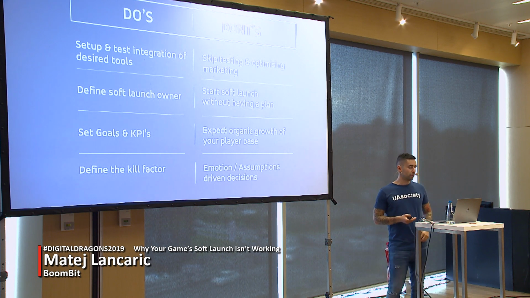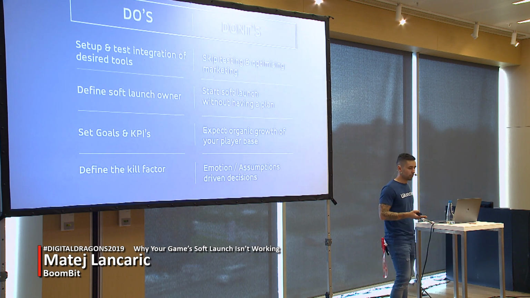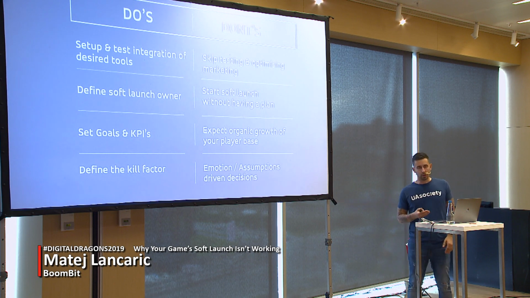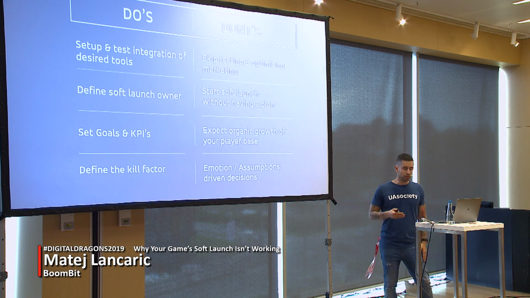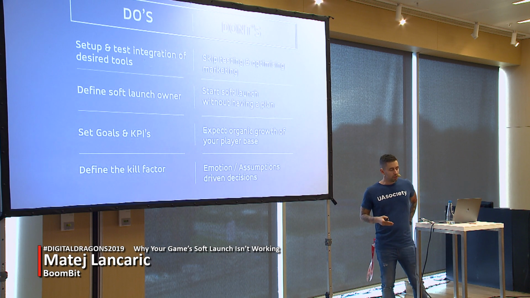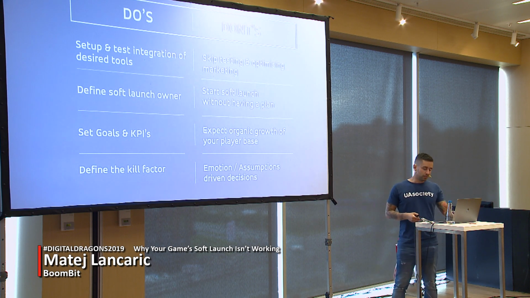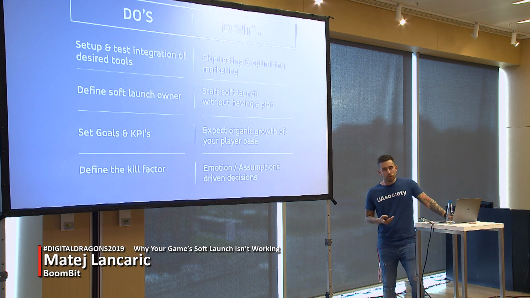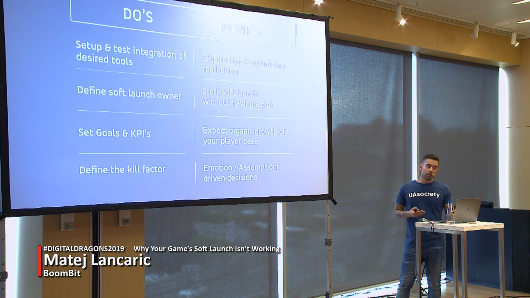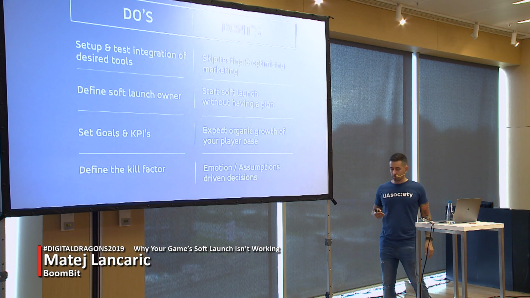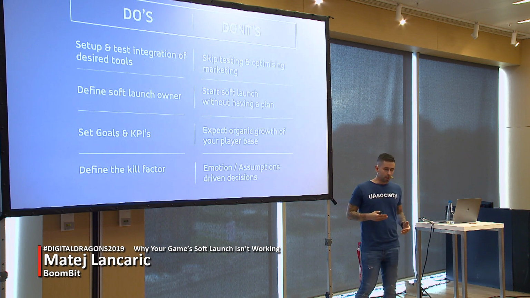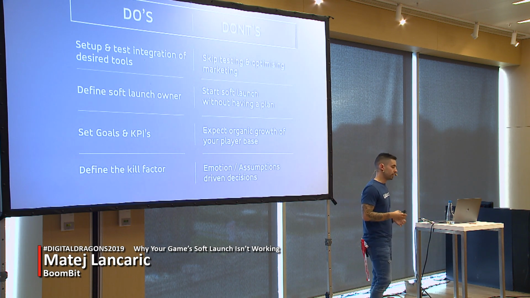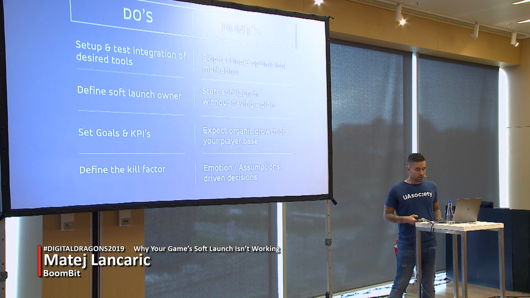Maybe it's one of 10 games that can do this, but it shouldn't be your UA strategy. You should be considering the UA spend for sure. And you shouldn't make decisions based on emotions or assumptions. You definitely need to make data-driven decisions.